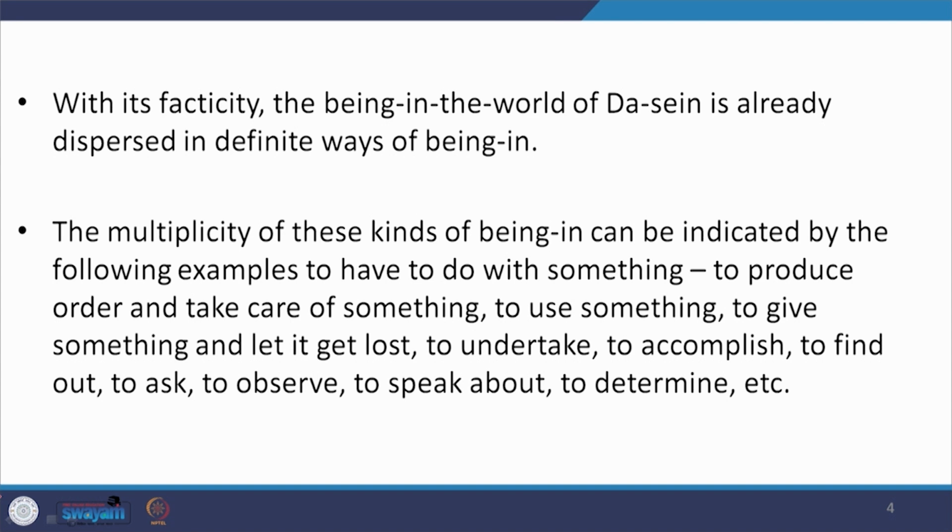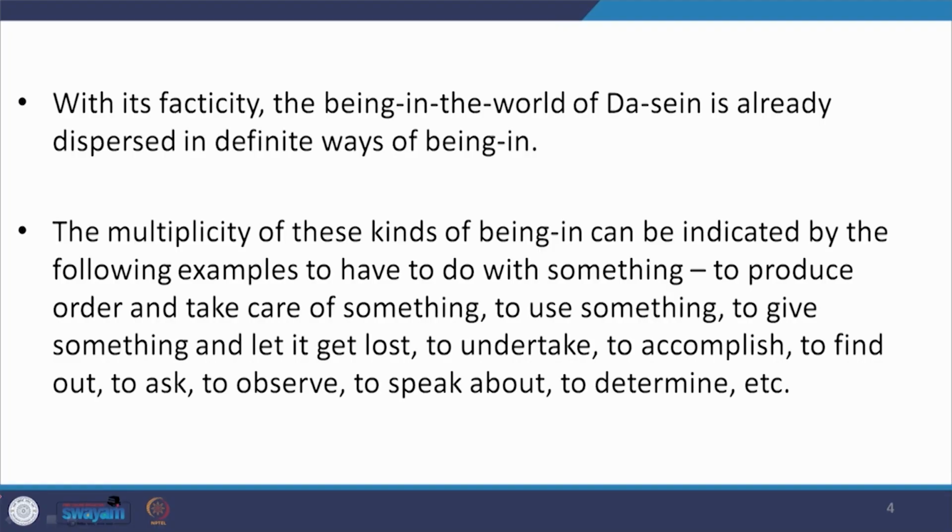We are not talking about a general being in the world, but about the range of meanings associated with it, the different, definite, particular ways of being in. All the examples are part of this.